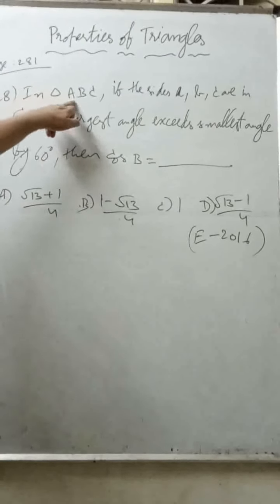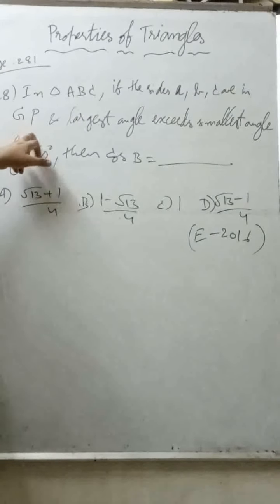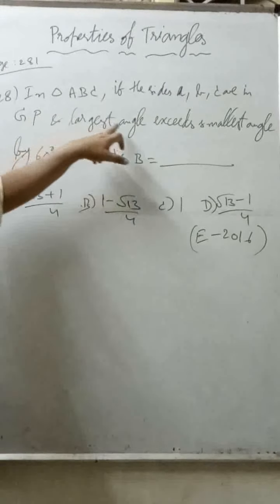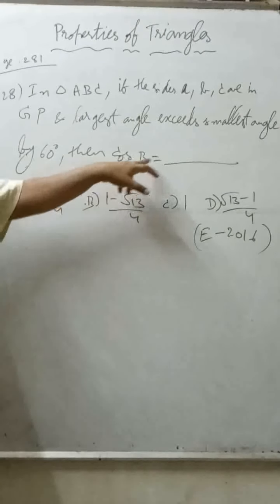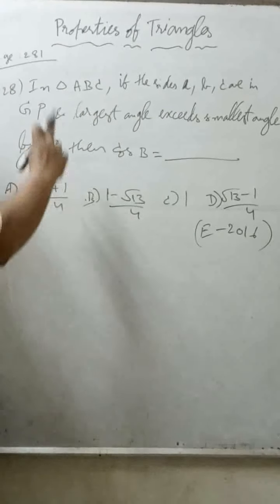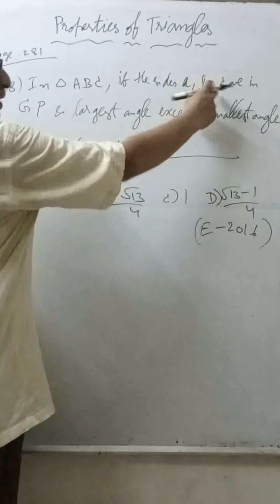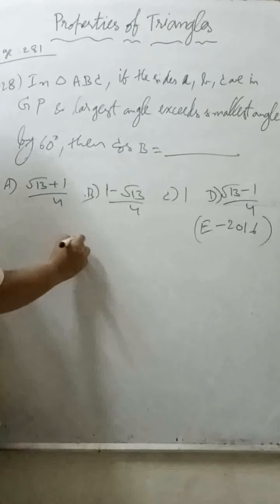In a triangle ABC, if the sides a, b, c are in GP, geometric progression, and the largest angle exceeds the smallest angle by 60 degrees, then cos B is equal to dash. Given a, b, c are in GP means there is a common ratio between them. The GP condition is b square equal to ac.